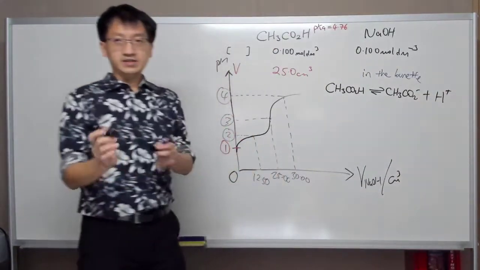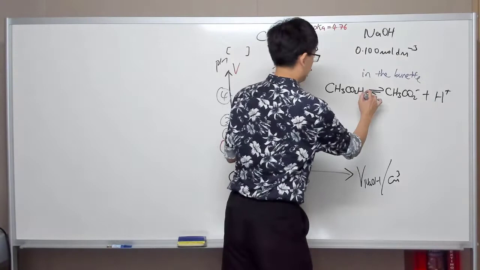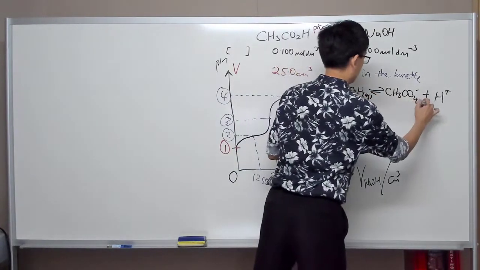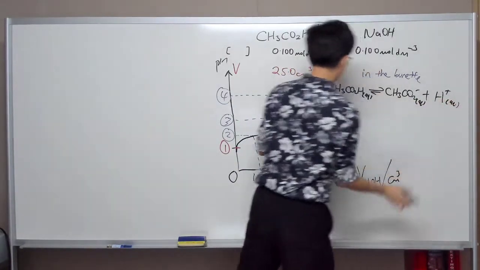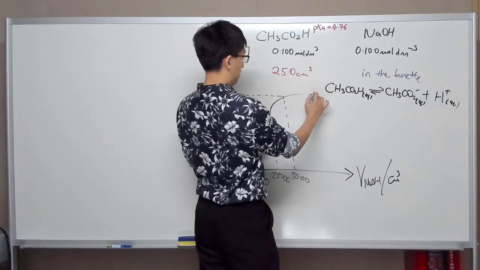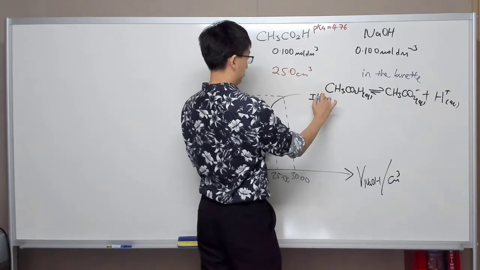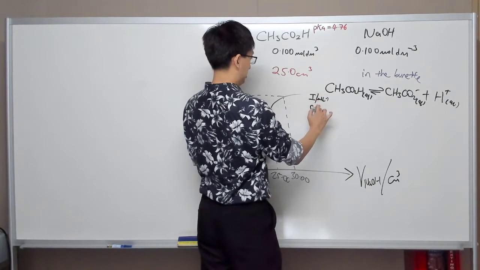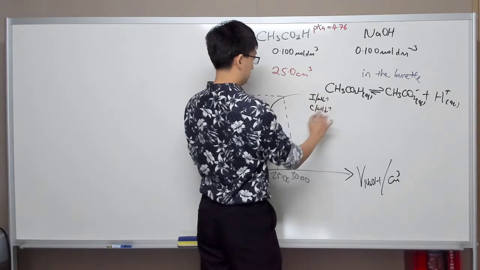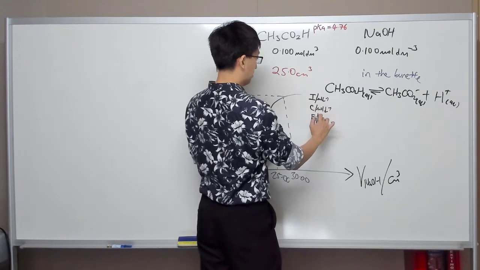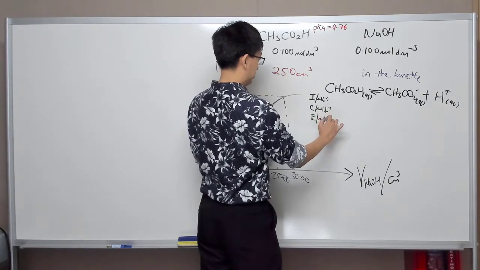Okay, yeah, you can put in the aqueous state symbols if you wish, but of course, as a reminder. Okay, so in your ICE table, this is the initial concentration in terms of moles per dm cube, this is the change in concentration in moles per dm cube, and this will be the equilibrium concentration in terms of moles per dm cube.